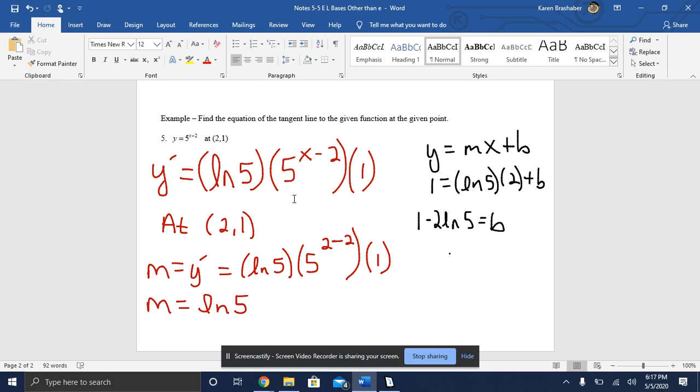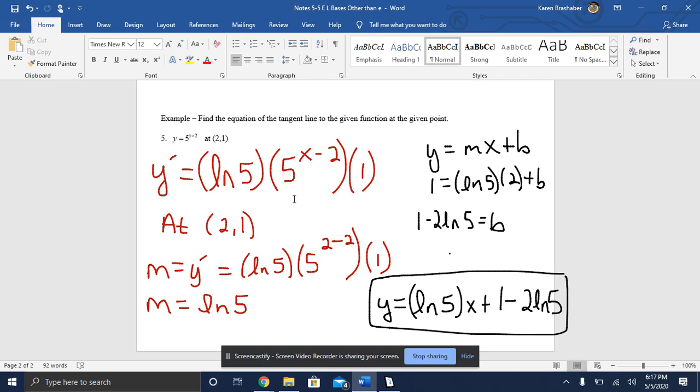And then substituting that into your equation, what we would be finally giving as an answer, y equals your slope, natural log of 5, x plus what we found for b, 1 minus 2 natural log 5. And again, that's the tangent line equation.